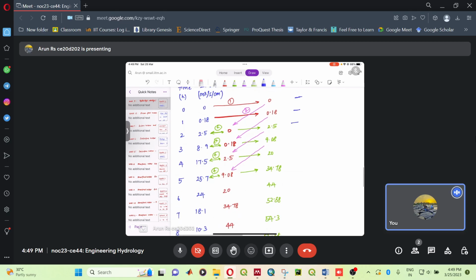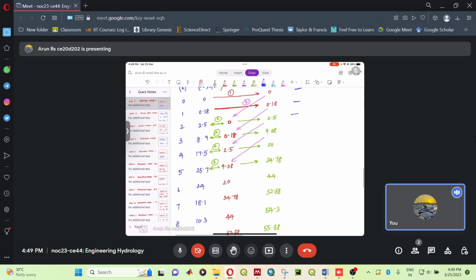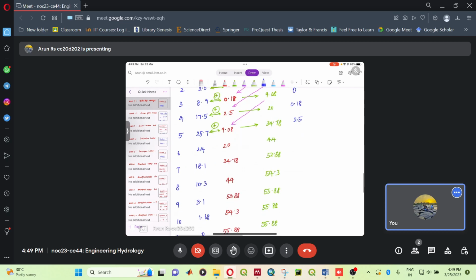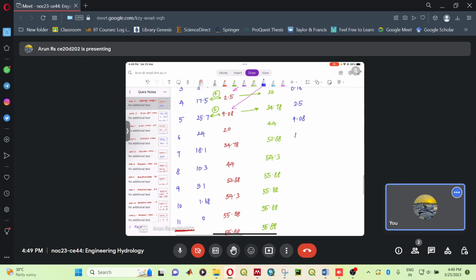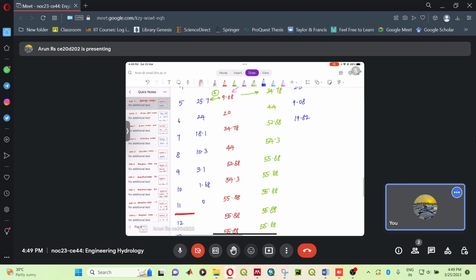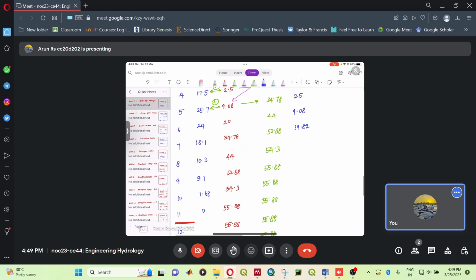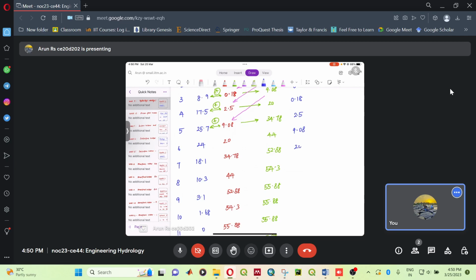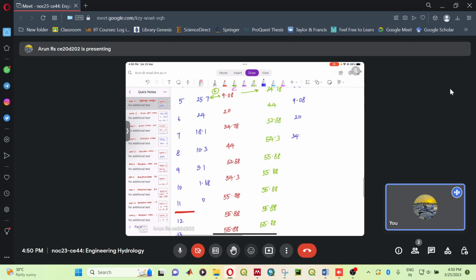So your first ordinate will start at the third hour, and you need to write down the SA values one by one. 0.18, and then this is 2.5, 9.08. So next is 20. This is 34.